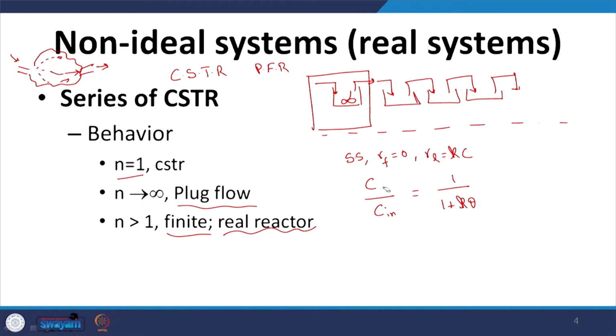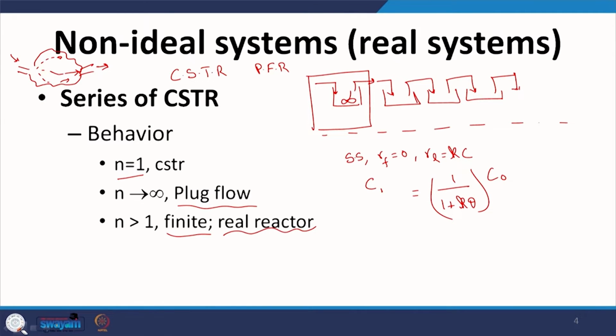I will write C1 as the out and C naught as the in. Taking this term out, C out, which I am calling C1, is going to be 1 by 1 plus K theta into C naught. So, that is fine when I have just one reactor out here, right.